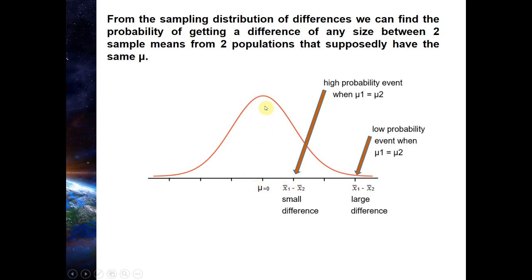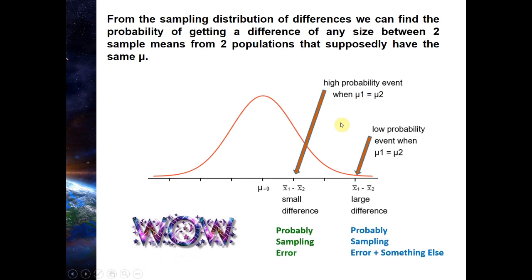These are very high probability events when there's just sampling error, so we're not going to bat an eye here. We're just going to chalk this up to sampling error. But anything out in the tails, although technically it could belong to this distribution, it probably doesn't. And we are going to say that maybe our initial assumption here was false. Okay, that is where we left off.